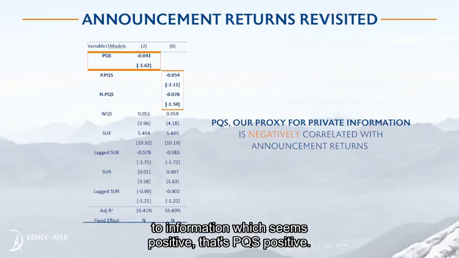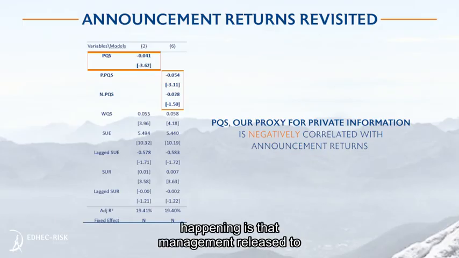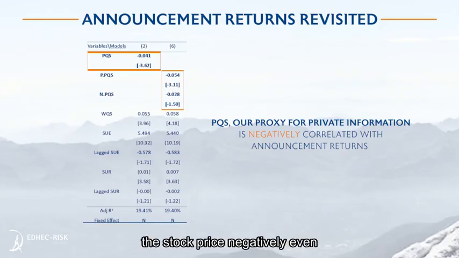That's PQS positive. However, the stock price actually dropped, which is questionable. What is happening here? Well, what could be happening is that management released negative information to the market which impacted the stock price negatively, even though PQS had been positive.